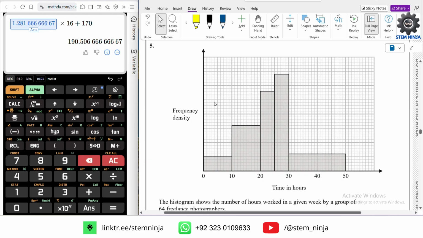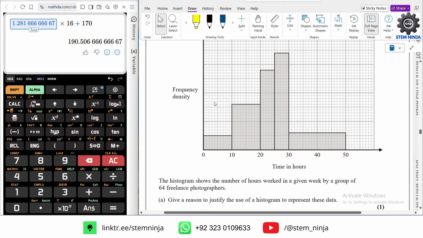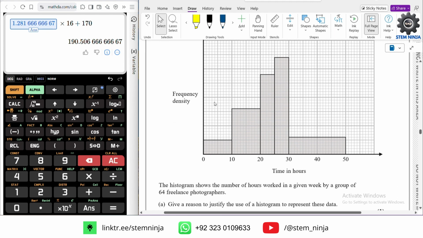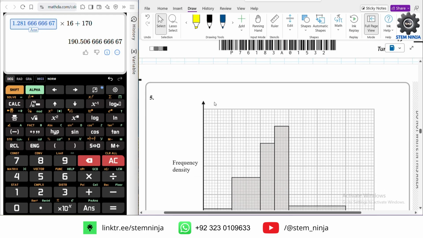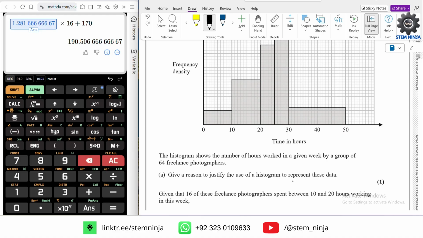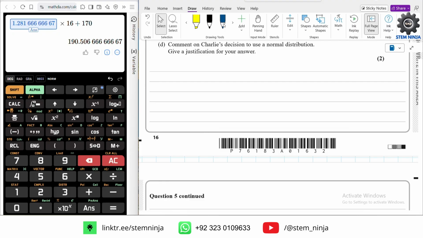Question number 5. The histogram shows the number of hours worked in a given week by a group of 64 freelance photographers. Give a reason to justify the use of a histogram to represent these data. Because time is a continuous variable. So it's not a discrete variable, it's a continuous variable.